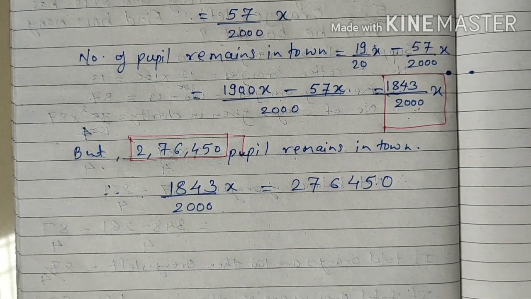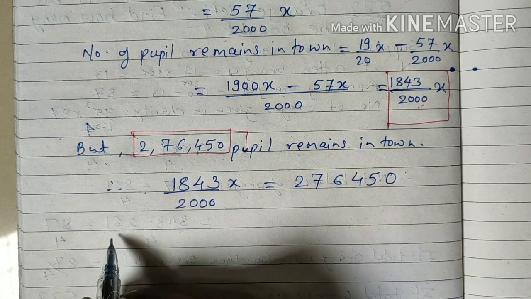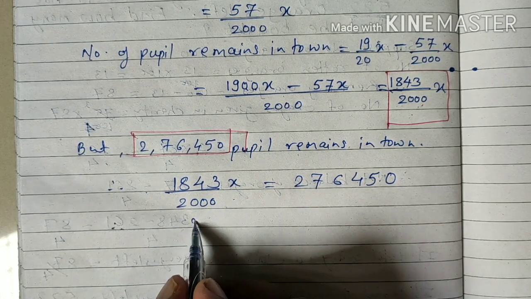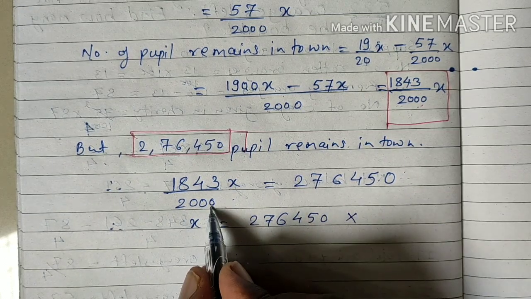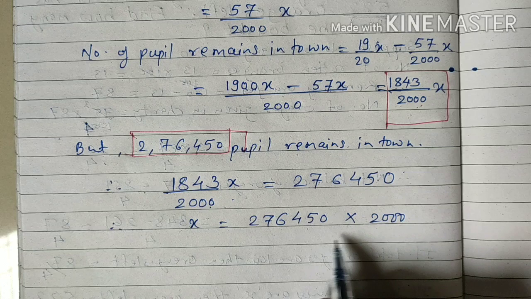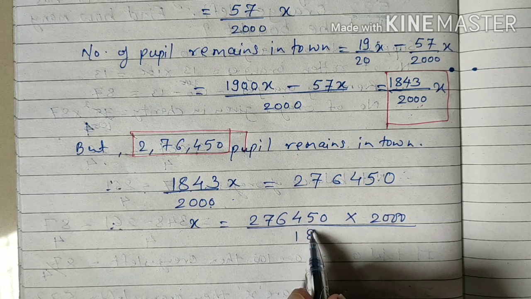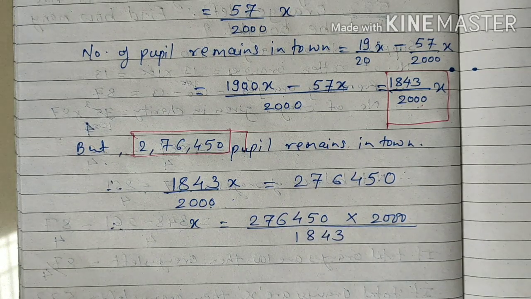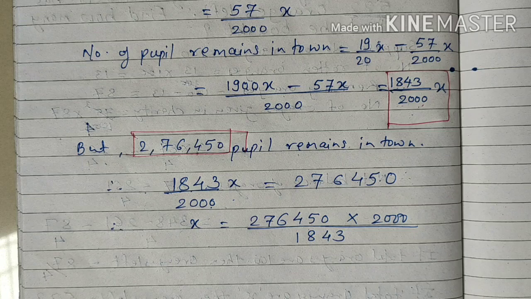Okay, understood till here? Now to find the value of X, X will remain here only, and we are going to shift this 2000, which is in division, to that side where it goes for multiplication, and 1843, which is in multiplication, going that side goes for division. Okay, now let us see if cancellation is possible.